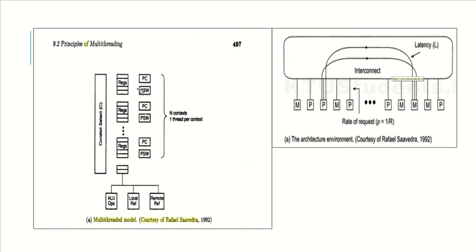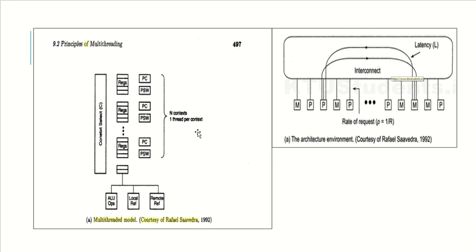Each one of them will have a program counter which shows the address of the next instruction, and then some specific words. All of them are context. The data will be stored in registers, and the context select is responsible for picking one out of all these available contexts.